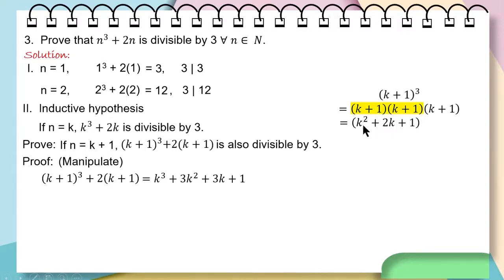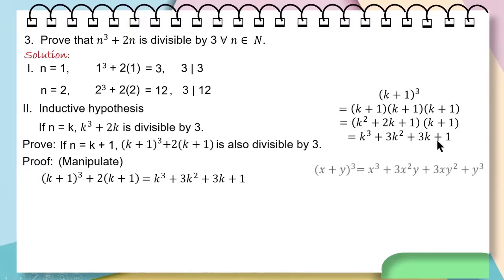K times k is k squared, k times 1 is k, plus 1 times k is also k. So k plus k is 2k. Then 1 times 1 is 1. Then multiply this factor by k plus 1, and that is equal to k cubed plus 3k squared plus 3k plus 1. You just distribute each term to k plus 1, then simplify.